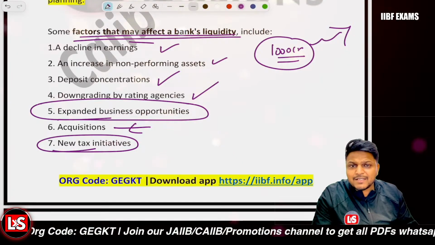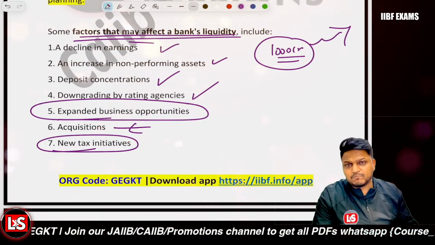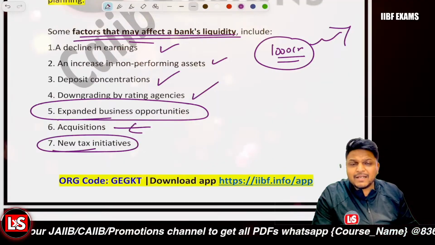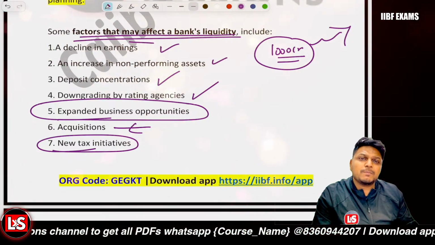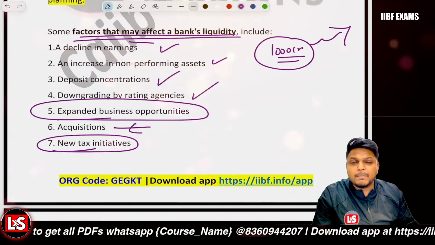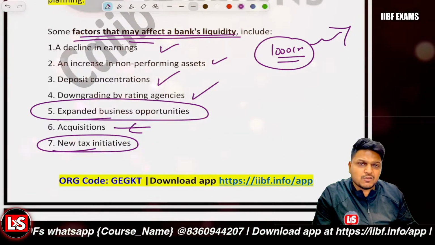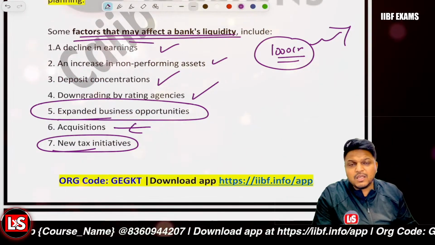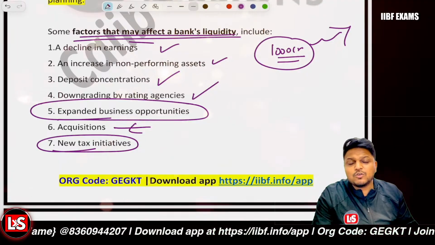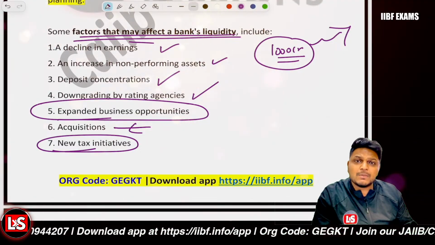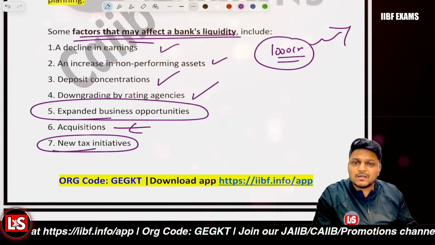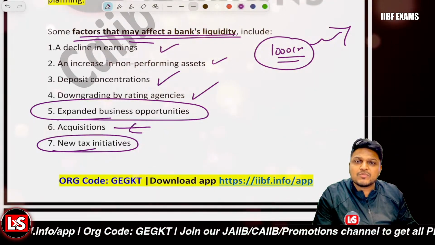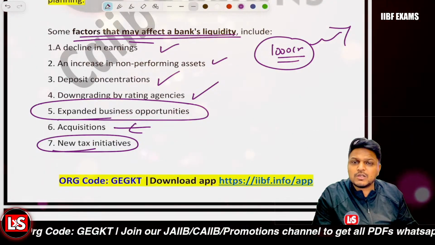So these are the factors which do affect the liquidity. From a common man perspective, if you're earning rupees 1 lakh per month, but now your earning is reduced to rupees 70,000, you'll be having lesser liquidity. If you lent some funds to some of your relatives, and they are not paying you back, that's basically your NPA, and definitely that is going to reduce your liquidity.